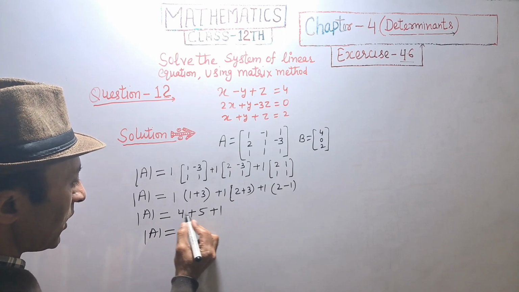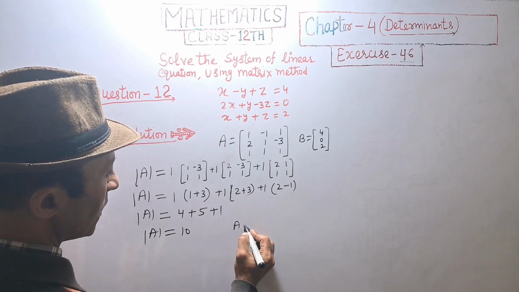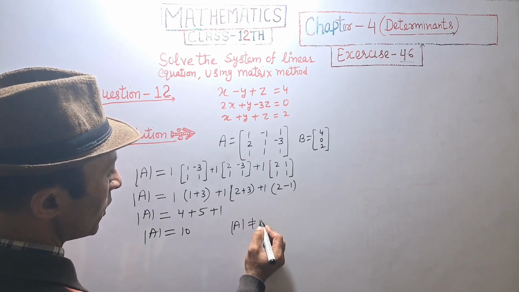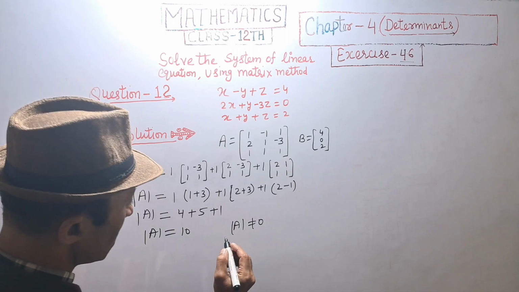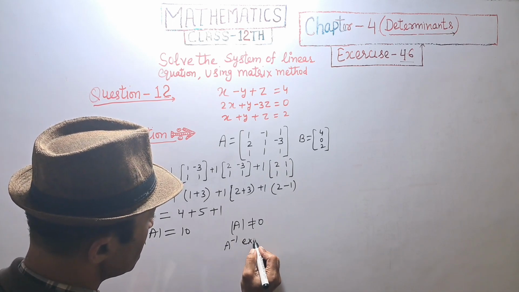Determinant of A we get 10. And determinant of A is not equal to 0, then A inverse exists.